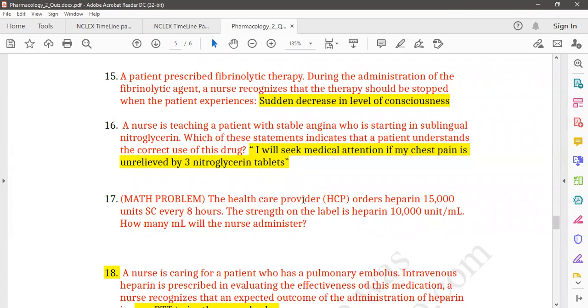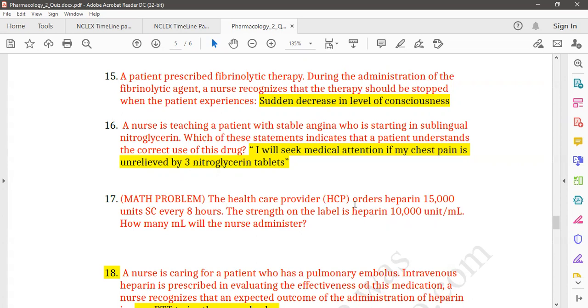The healthcare provider orders heparin 15,000 units sub-Q every 8 hours. The strength on the label is heparin 10,000 units per ml. How many ml will the nurse administer?